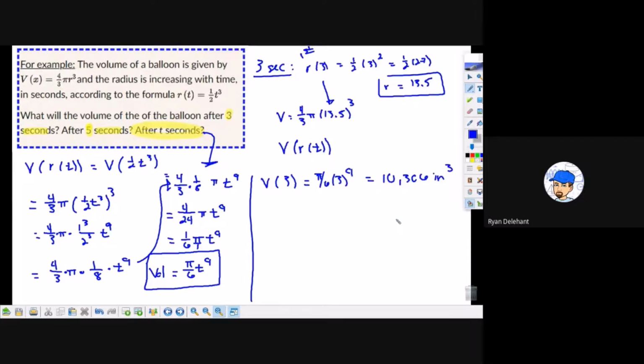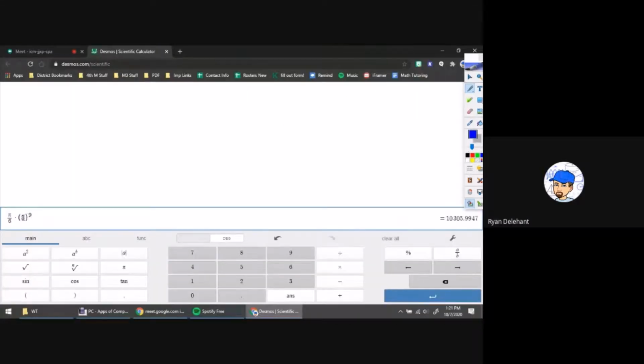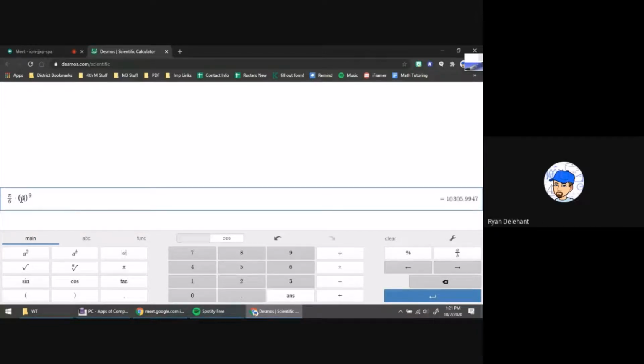It's a big balloon. We use this formula with 5 and do the same thing. Plug in the 5 and find that particular answer. The only thing that changes over here is this thing becomes 5, and we get, wait a minute. 10,306, that's right.